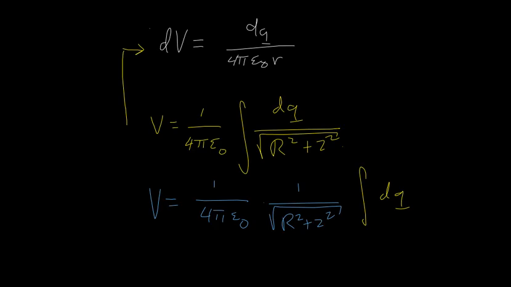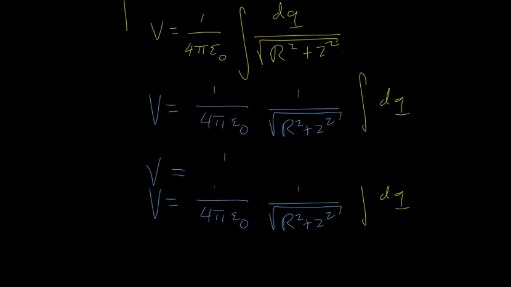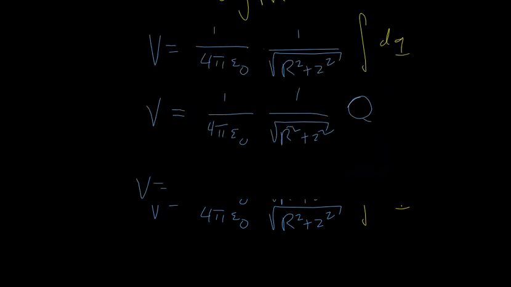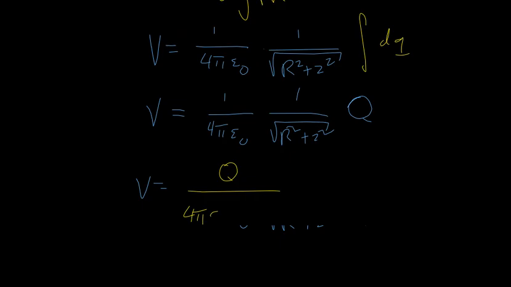It's automatic. So V is equal to 1 over 4 pi epsilon naught times 1 over the square root of capital R squared plus z squared, times capital Q. So therefore we get V equal to capital Q all over 4 pi epsilon naught times the square root of capital R squared plus z squared.